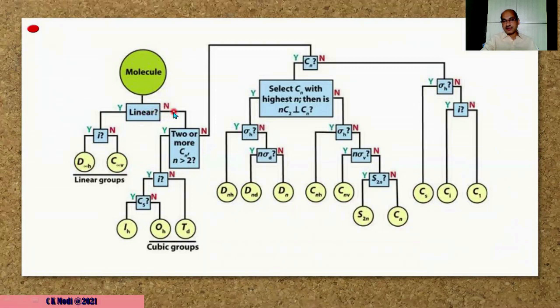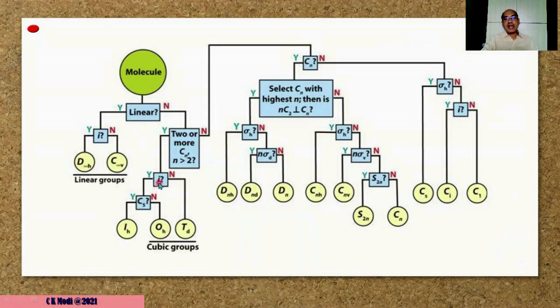On the other side, if the molecule is not linear and it has two or more rotation axes where the value of n is greater than 2, where n stands for the number, so like C3, C4 like that.